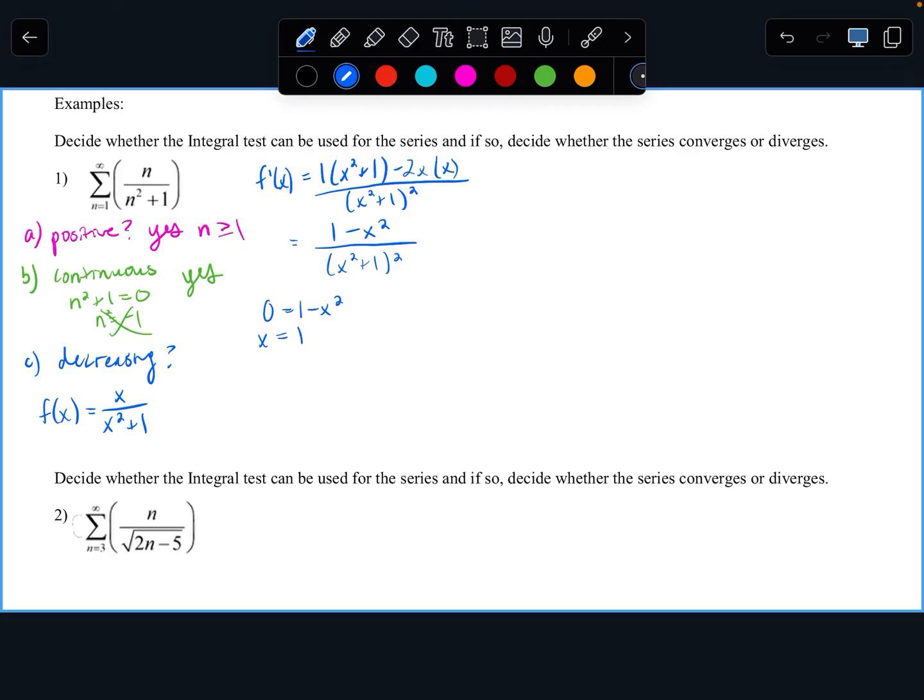Uh-oh, wait. 1? But it's 0 at 1. So wait. It would be 1 on. Because I can't do negative 1. Negative 1's dumb. Because n is never negative, right? So that one's not even here.